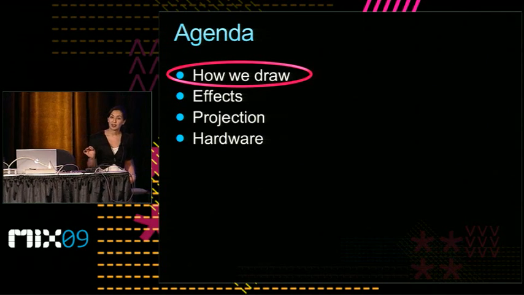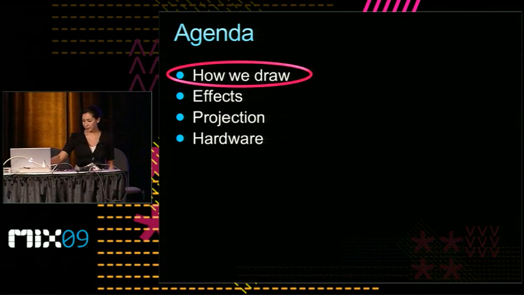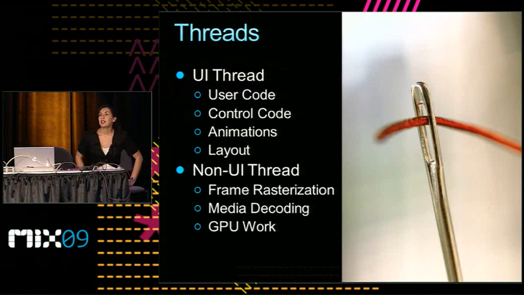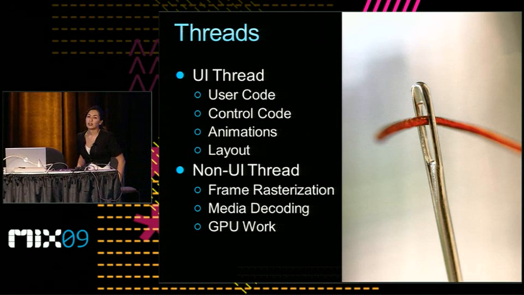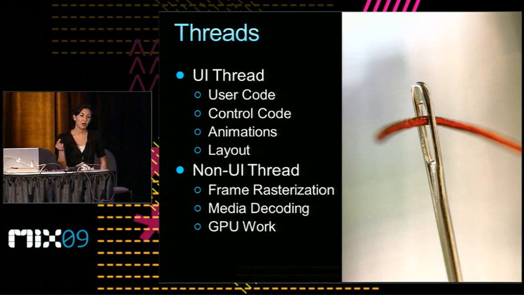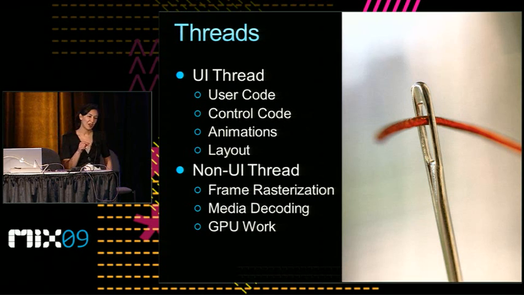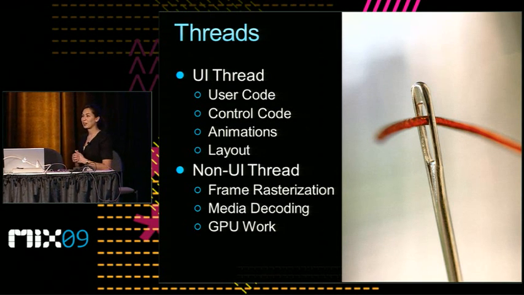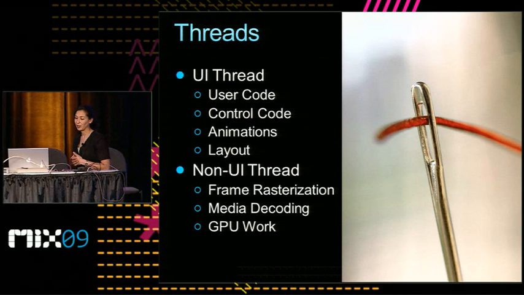So let's start with how we draw. When thinking about how we draw, it's always important to understand where your user code is executing versus where everyone else's is. There's one UI thread per browser, and that's shared between all the plugins that are available. So if you have multiple plugins on a browser, remember your nanoseconds, remember how much time you're actually taking.